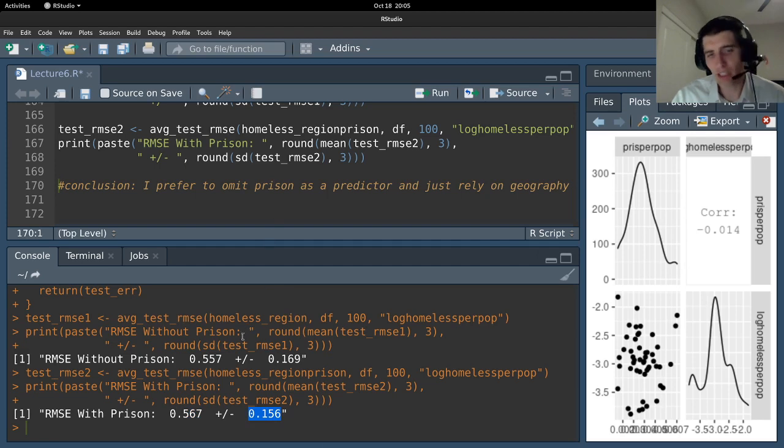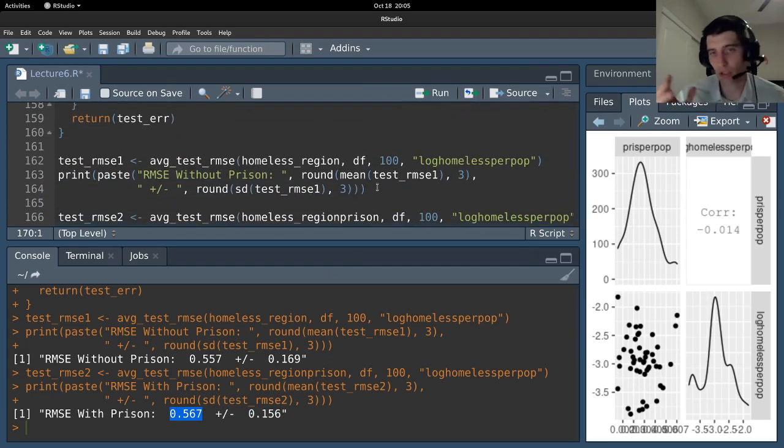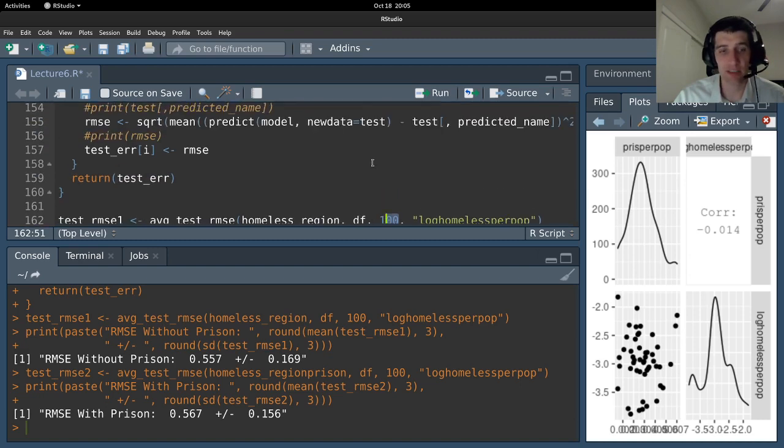I added a new predictor, and the sample mean of my test root mean squared errors went up, right? I could do just 3 train-test splits or however many I want. I just chose 100 because it's a nice even number. It's a little overkill because we only have 50 observations in this data set, but I just want to illustrate the idea of how you might automate taking some train-test splits.